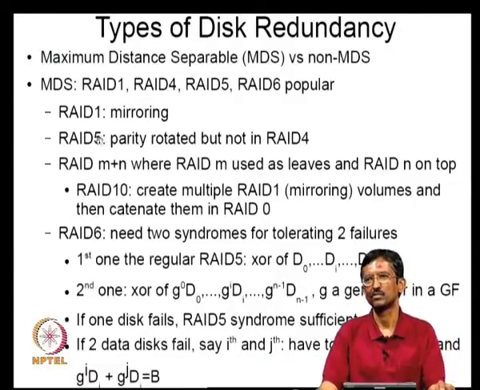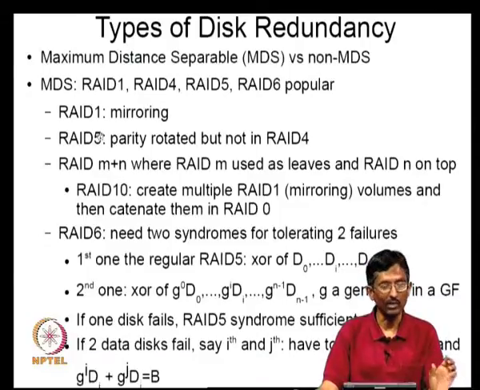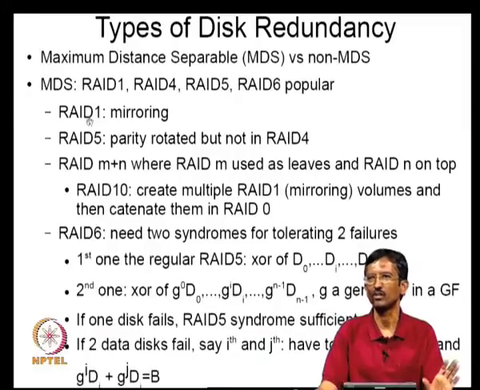It is not a whole disk failure, it is just that I am not able to read the sector. Those of you who are familiar with floppies and other kinds of devices will notice that sometimes it reads something, sometimes it does not read some things. So, certain parts of the disk may have gone bad, only certain parts.